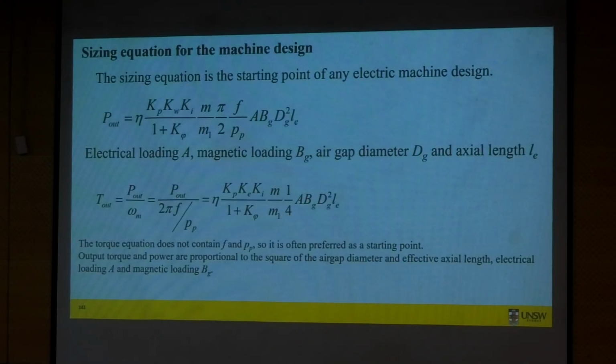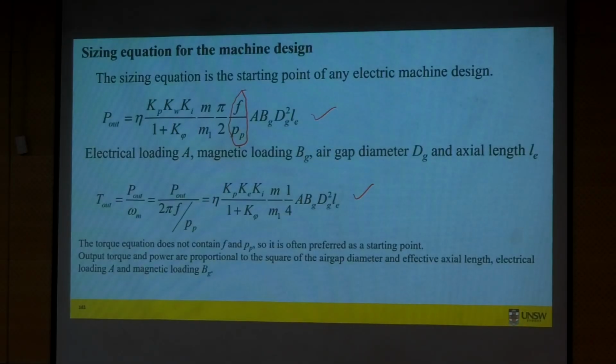First it was developed as a power equation, but it can also be used as a torque equation, because power divided by speed is your torque. The advantage of using torque is that if you compare this equation with this one, in the torque equation we don't have the frequency over pole pair component.